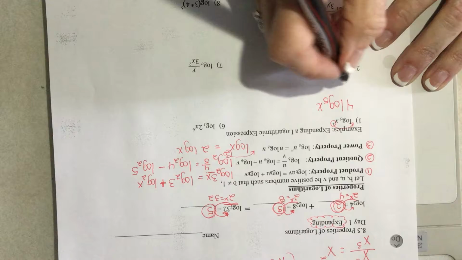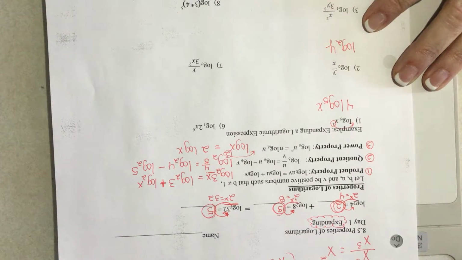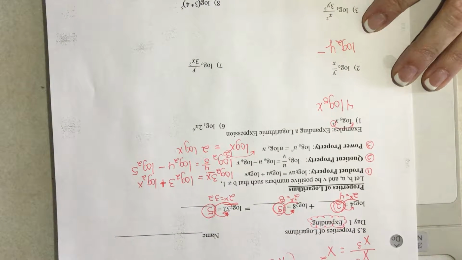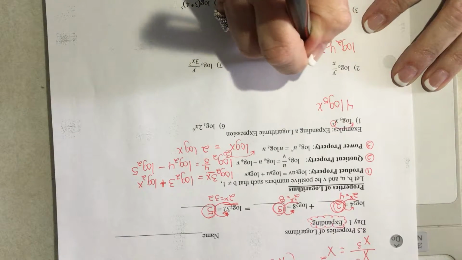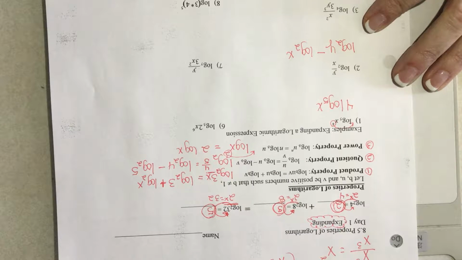So the first log is going to be log base 2 of y. And to represent the division, I use subtraction. And then my second log is log base 2 of x.